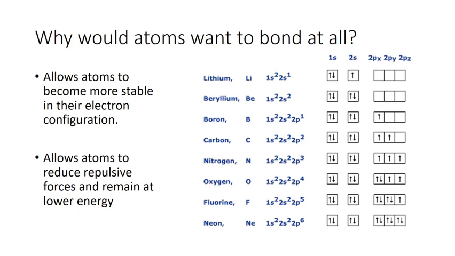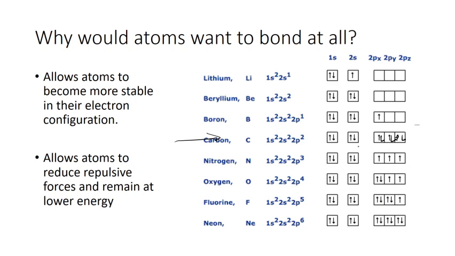So if you remember from previous weeks when we talked about electrons and where they are, so if we look specifically at carbon here, a carbon would like to have another 1, 2, 3, 4 electrons here. And so to get those electrons, it's going to bond. It's going to find some way to get them.